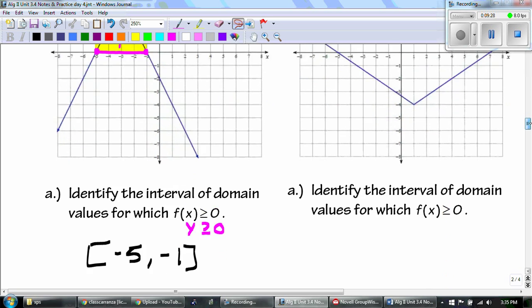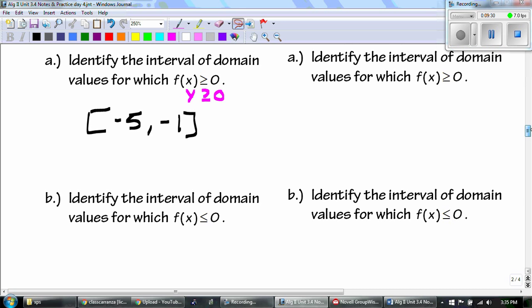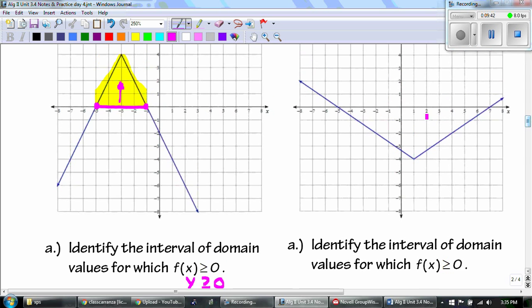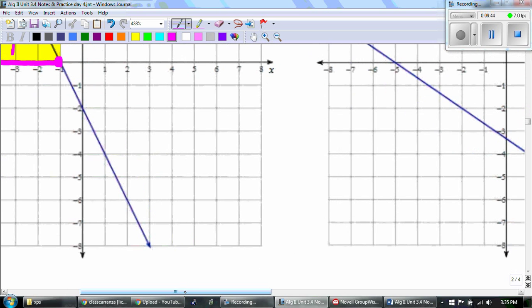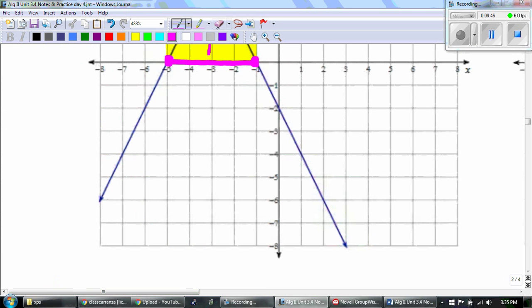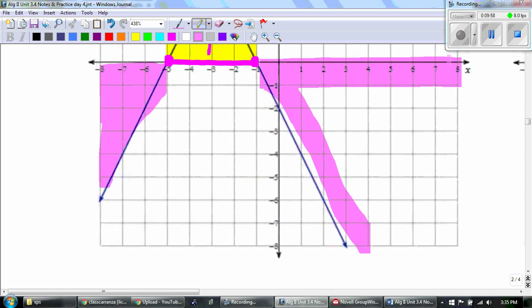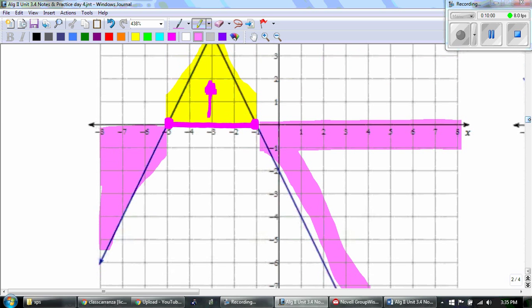Now, our next part is identify the ones that are less than 0. So where is y less than 0? When I'm zooming back in on my graph, we are less than 0 here, and then I'm less than 0 all the way through there.